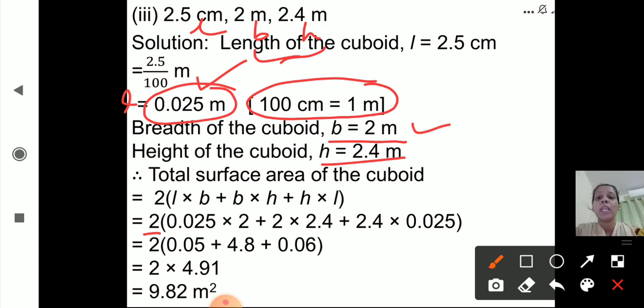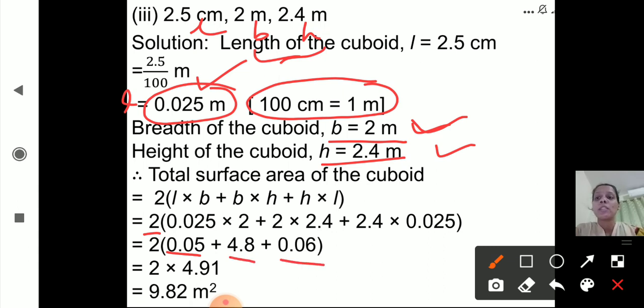Now plus B into H. B is 2, that is breadth is 2. H is 2.4. H into L. H is 2.4 and L is 0.025. You will do the multiplication, then you will get the answer 0.05 plus 4.8 plus 0.06.